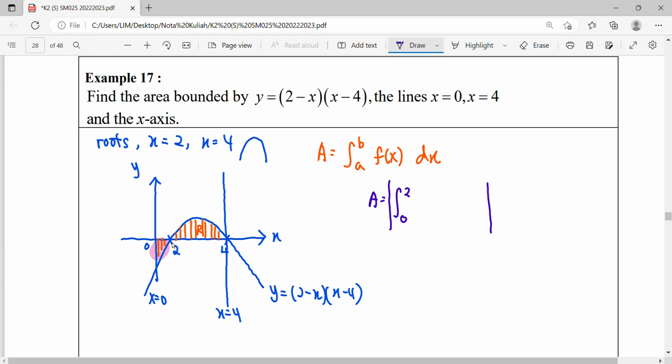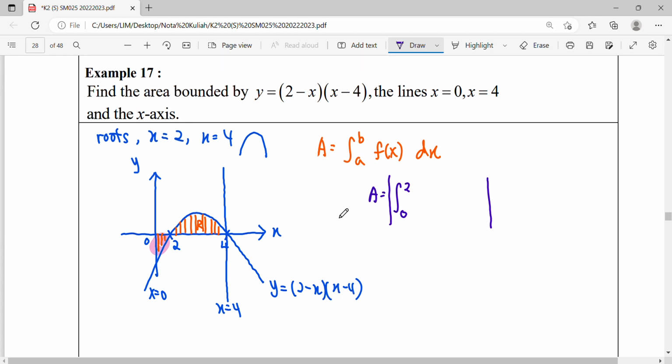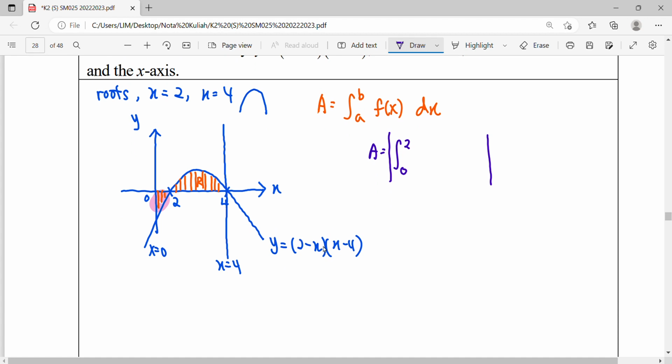So what is your function in terms of x? Let's expand so that we can integrate it easily. Expanding this quadratic, negative x squared plus 6x minus 8, dx. For the first region, the negative region, put in modulus.